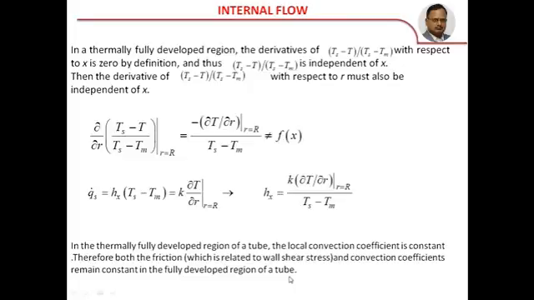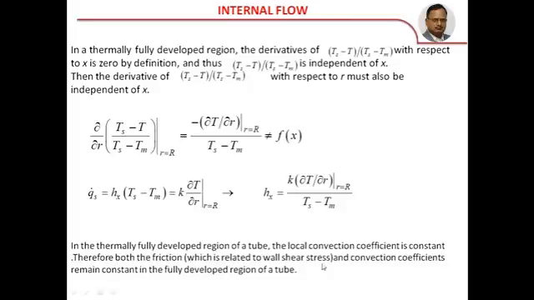Suppose the Reynolds number Vd by nu is less than 2300, whatever be the length of the pipe, throughout its flow the flow remains laminar only. Unlike in plate flow, where after some time the flow turns into turbulent, that will never happen here because it is independent of length.